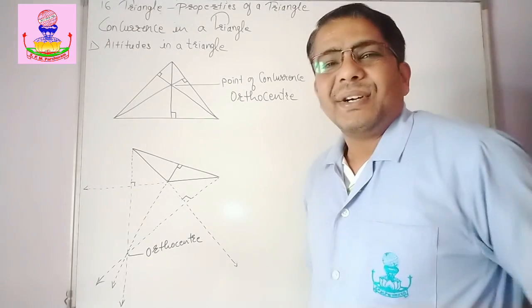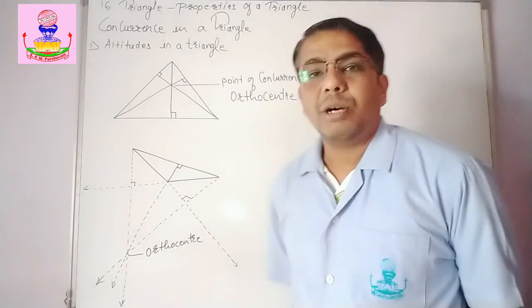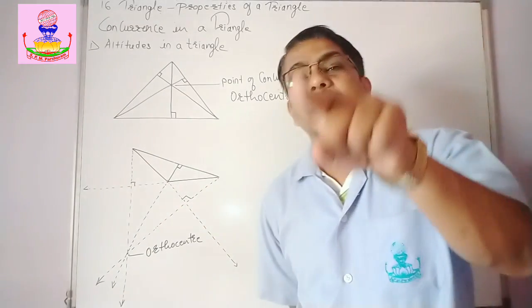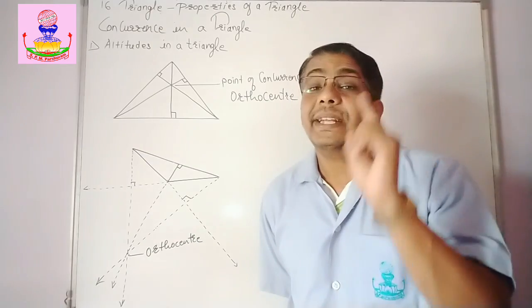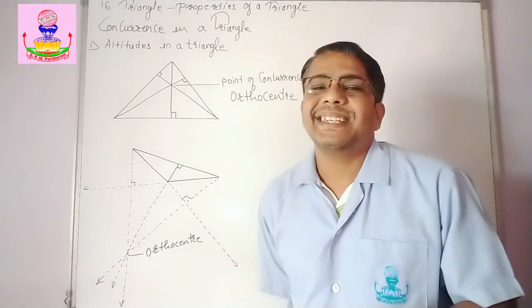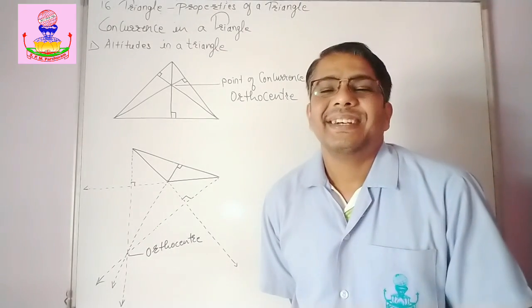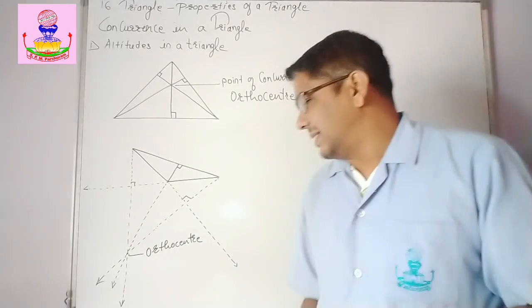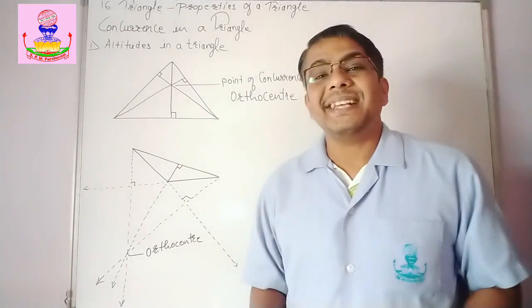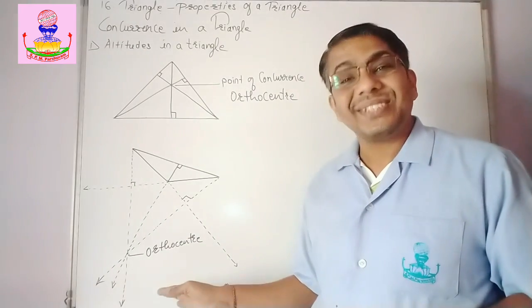So, for an acute angle triangle, the orthocenter lies in the interior of the triangle. For a right angle triangle, the orthocenter lies on the vertex having the right angle. And for an obtuse angle triangle, the orthocenter lies in the exterior of the triangle.